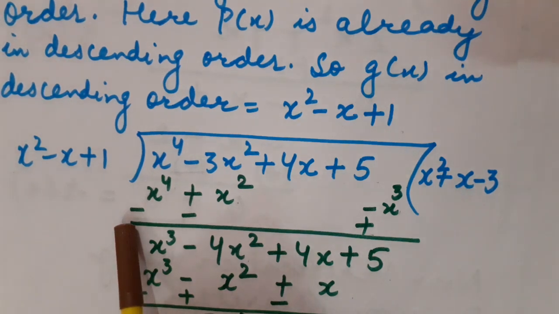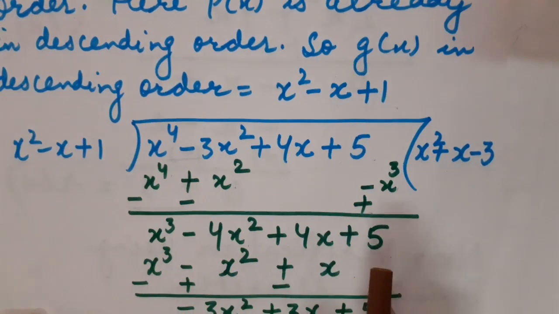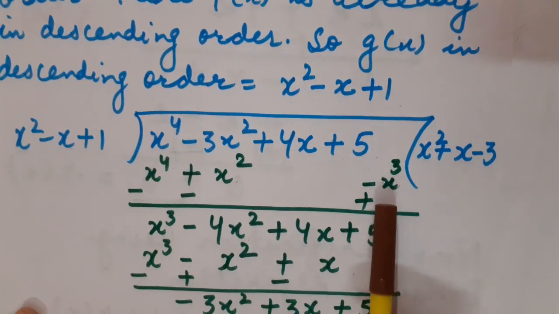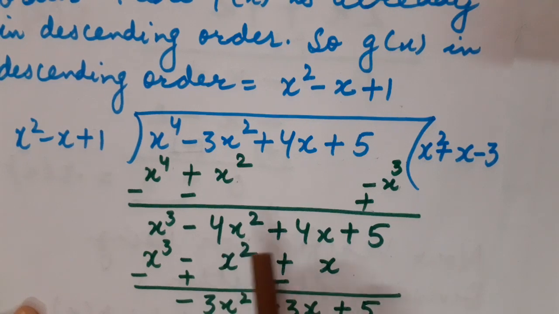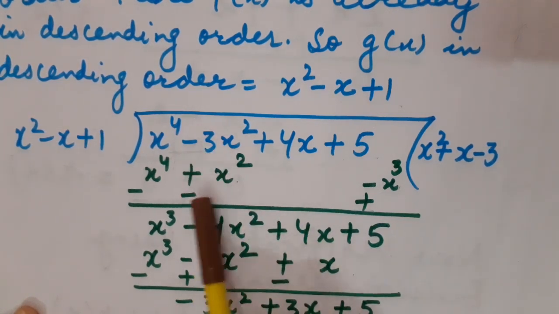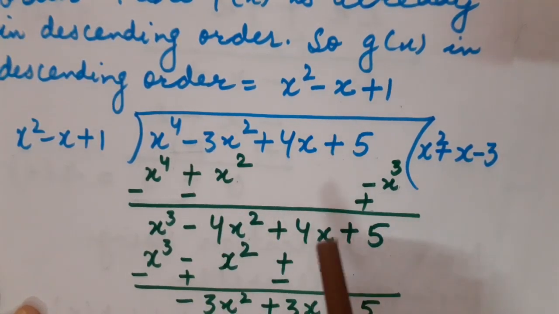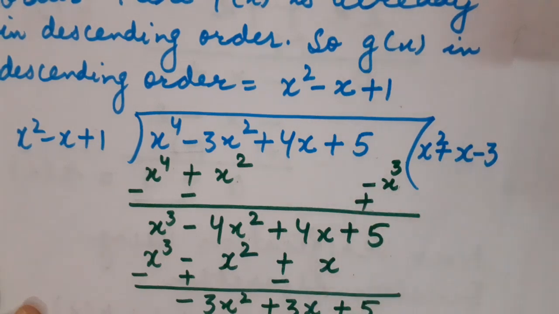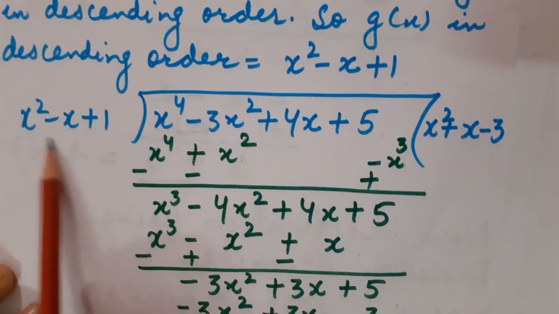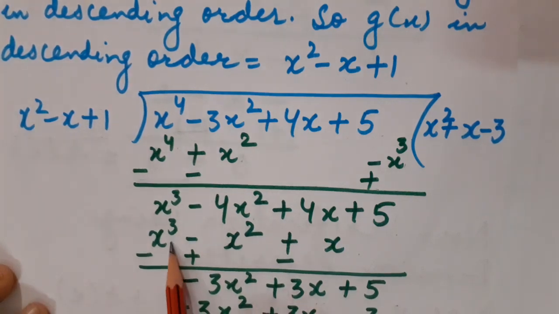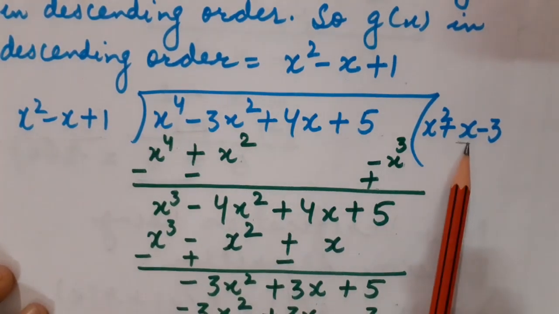Clear children? Now you have to take this term first, that is plus x cube. Here it would become minus 4x square, because minus 3 minus 1 will become minus 4, plus 4x plus 5. Clear children? Now by what value I have to multiply this complete gx so that I can get x cube? I have to multiply it by plus x.